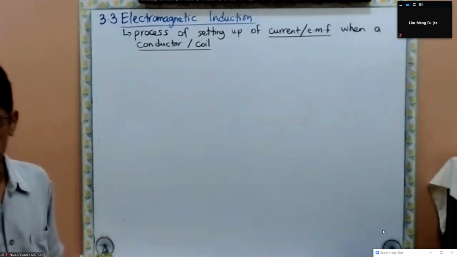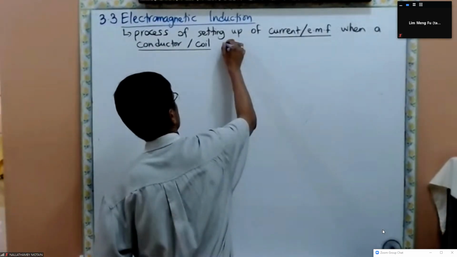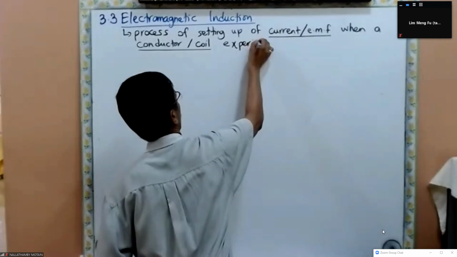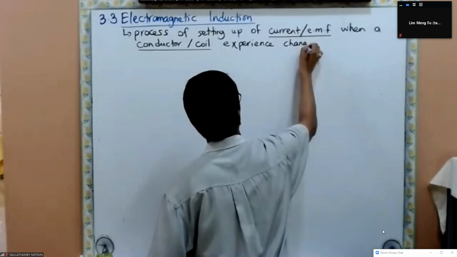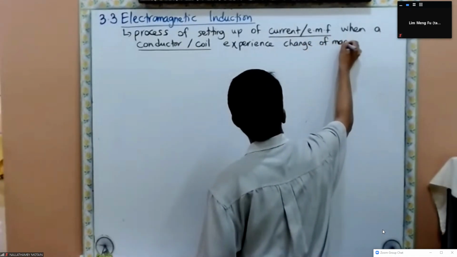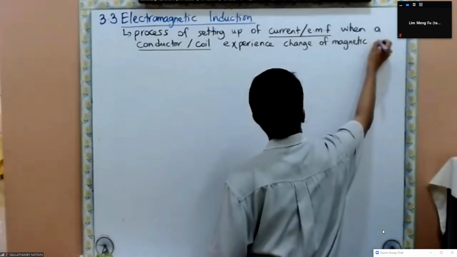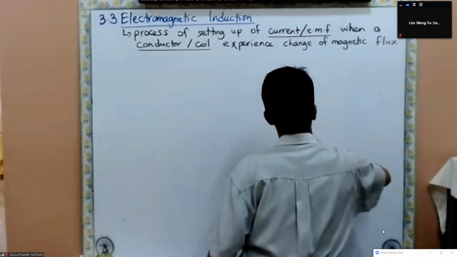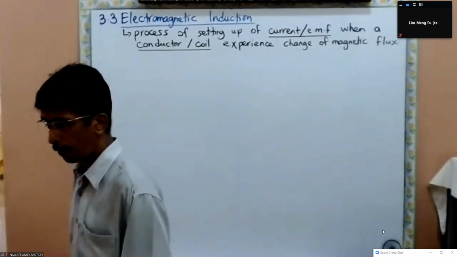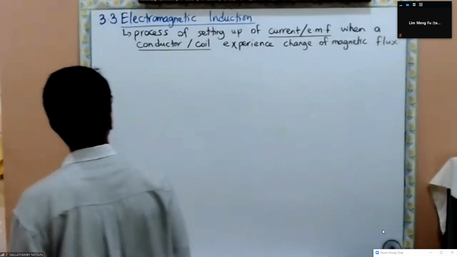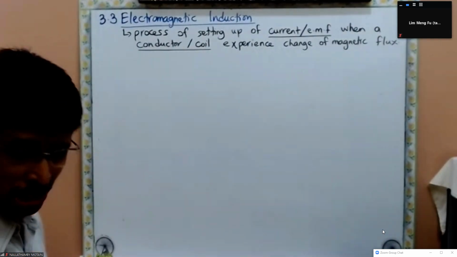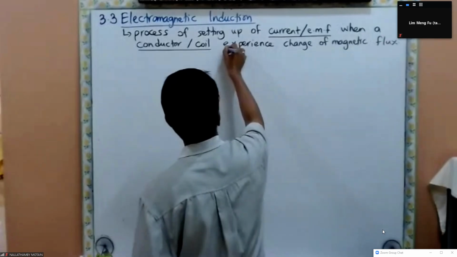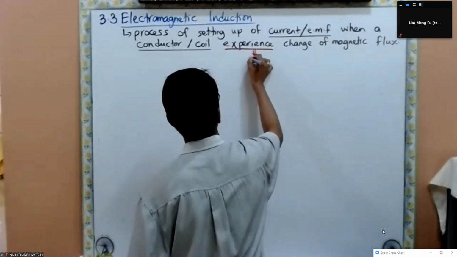You can write any one of these. A process of setting up of EMF or current when a conductor experiences change of magnetic flux. When we say experience here, it means cut.